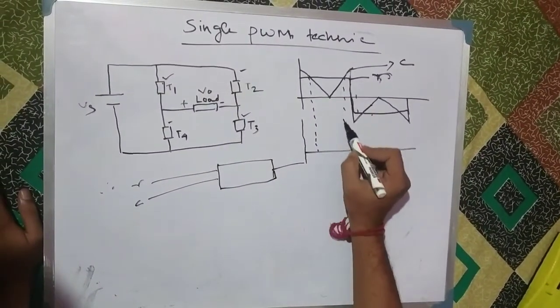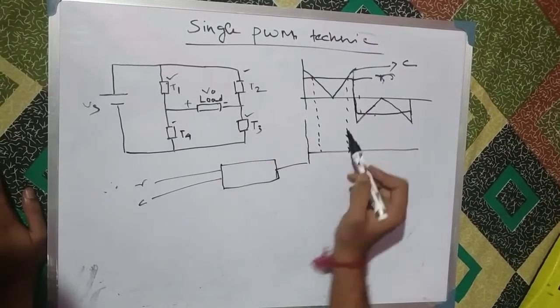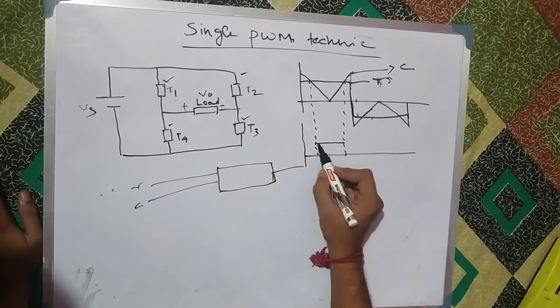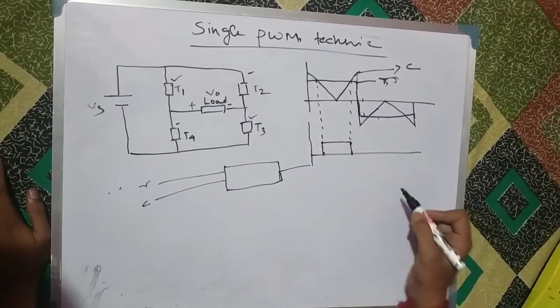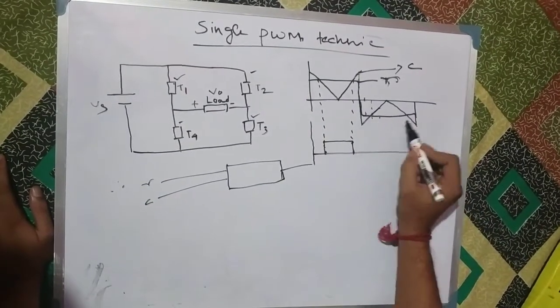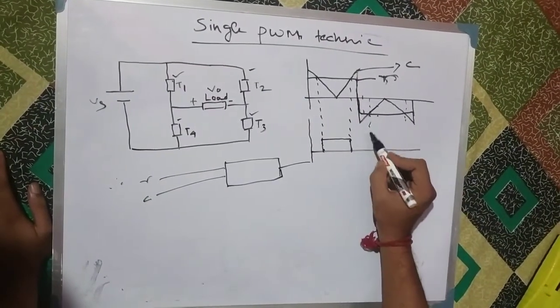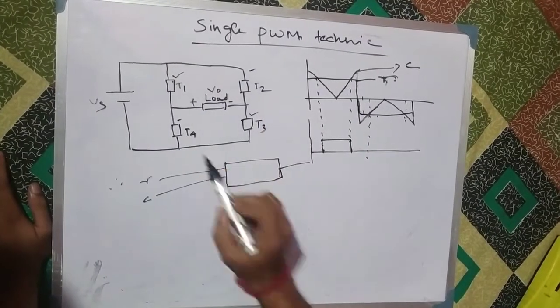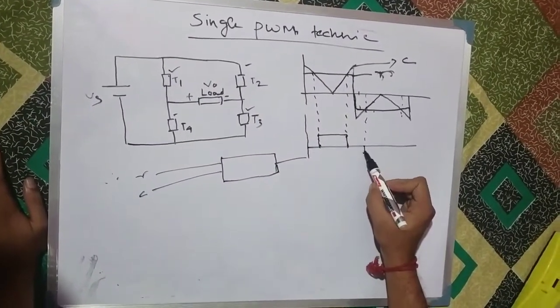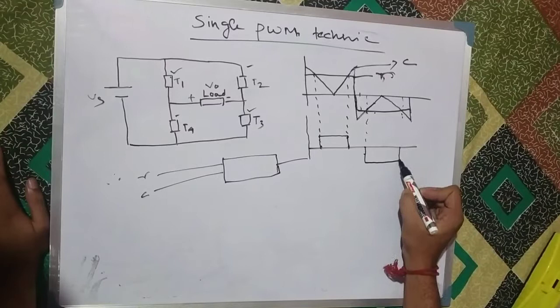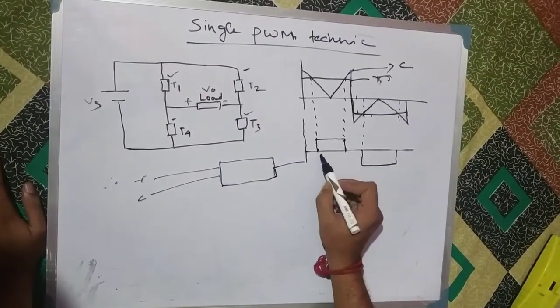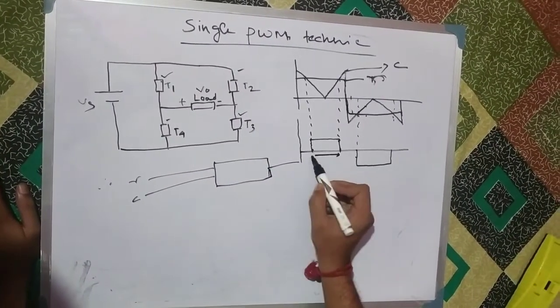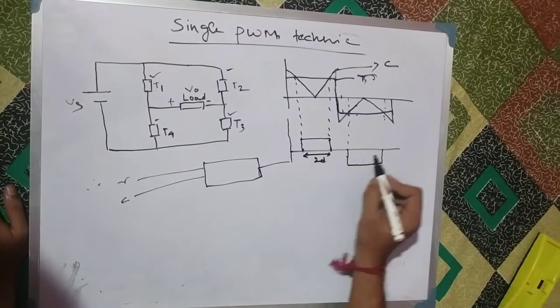When T1, T3 are on, the output voltage will be this much, and when T2, T4 are on, the output voltage will be this much, and let the width of each pulse be 2D and 2D.